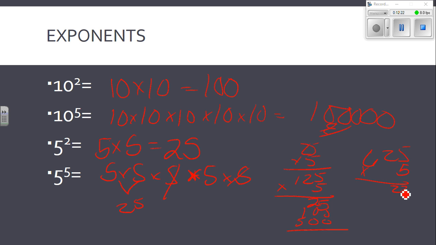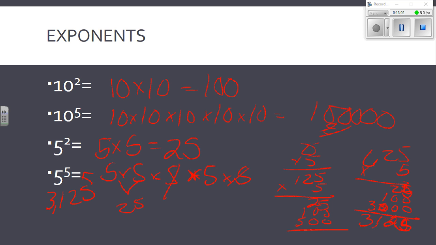That gives 3,125. That is what 5 to the fifth power is. That's 3,125.